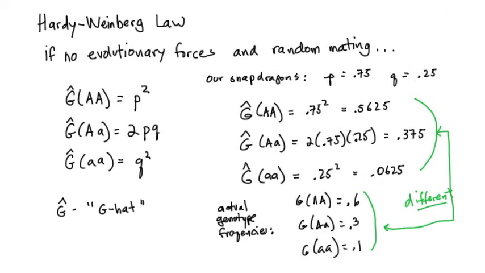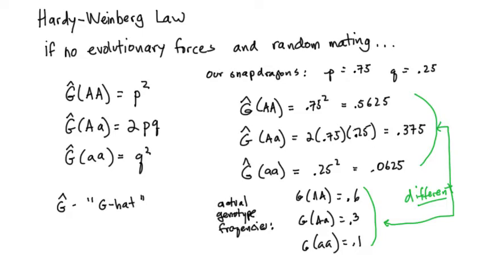But let's get back to the core challenge of this exercise, which is all about the limits of what can be inferred from the information provided. Let's go back to the 60 red, 30 pink, and 10 white numbers that I gave you originally. What exactly can you infer from this? As I said before, you can't tell from a single snapshot in time whether the population is evolving toward becoming more red or more white.